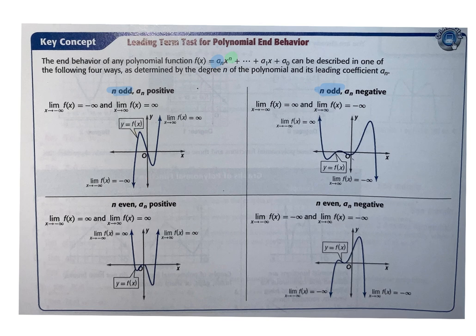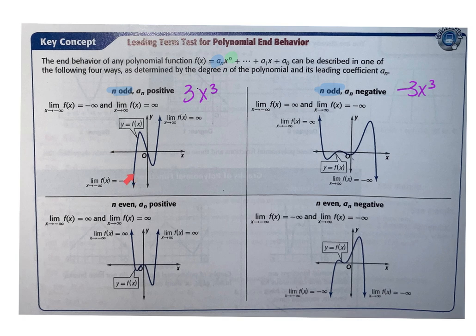So these are both odd, meaning something like 3x cubed at the beginning, and this has negative 3x cubed at the beginning. If it is positive in front of it, that's odd, it's going to go to negative infinity on the left, and it's going to go to positive infinity on the right.